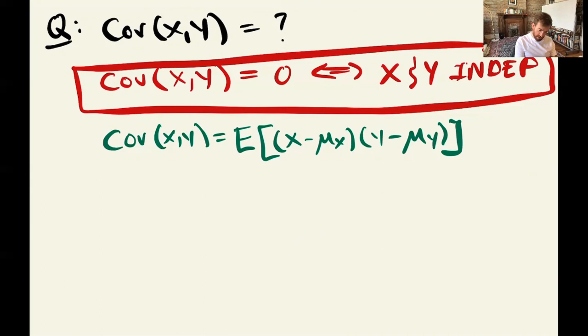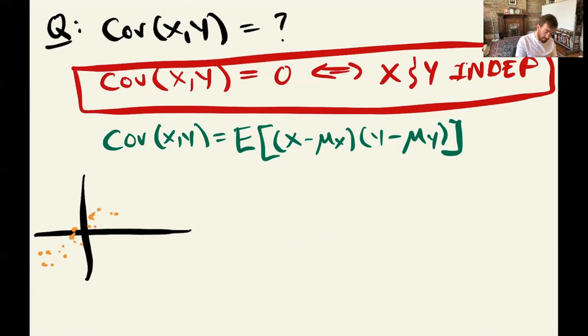So here is a quick example where, imagine I've got some data points where I'm looking here at possible values for x comma y.